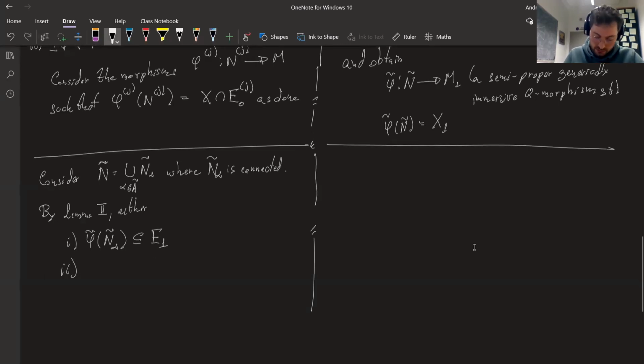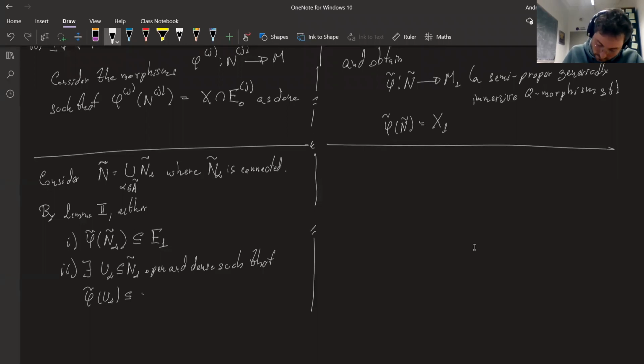And therefore, by the lemma, there exists U alpha contained in N tilde alpha, open and dense, such that phi tilde of U alpha is contained in X1 minus E1.